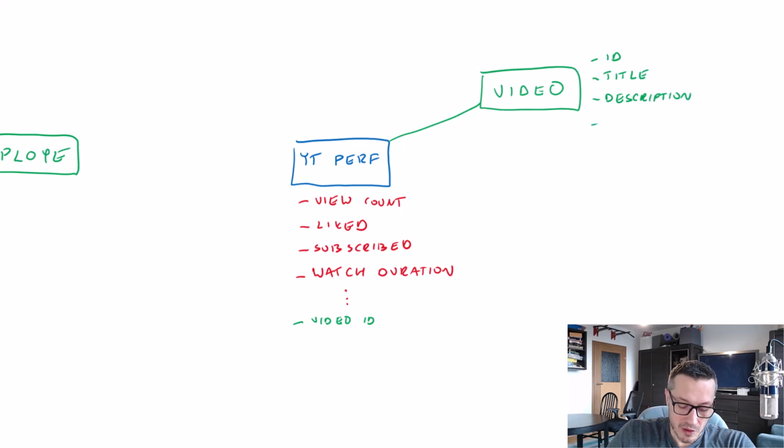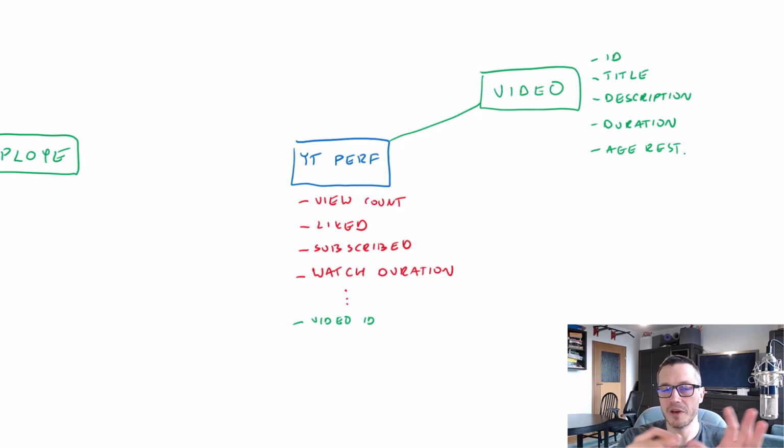Maybe I would like to know what was the duration of the video. Maybe I would like to know if there were any age restrictions defined on this video, and so on. So various properties that describe my YouTube episode.